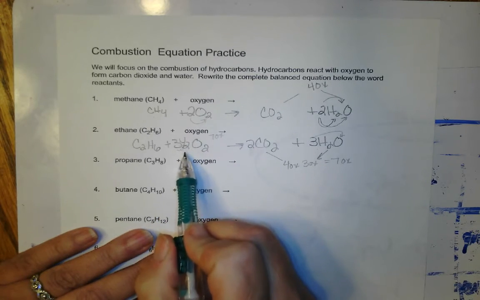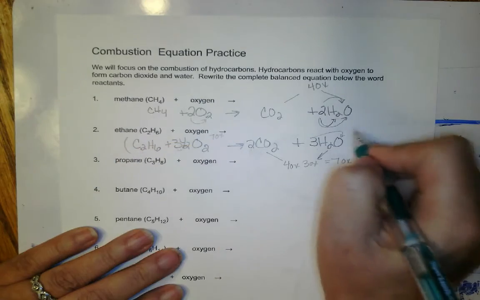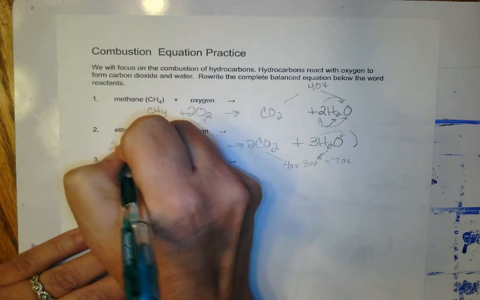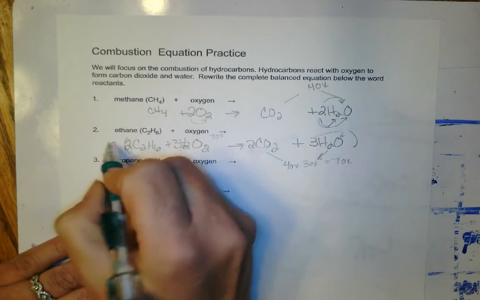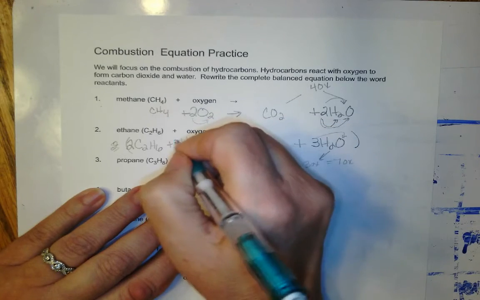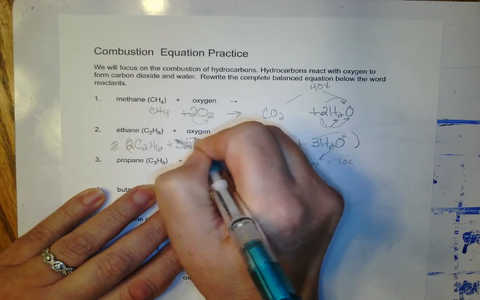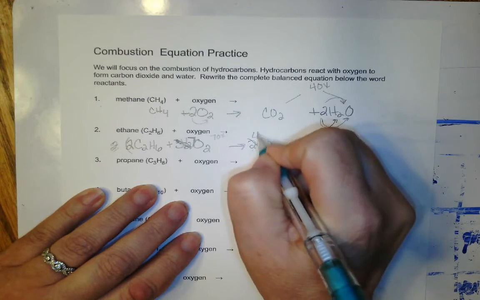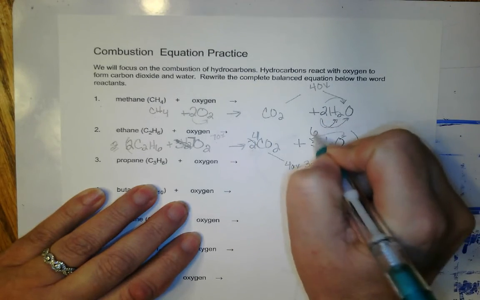But I can't have halvesies, so I'm going to multiply everything by 2, okay? And what's that going to do? That's going to make that 2. It's going to make this guy 7, okay? It's going to make this guy 4. It's going to make this guy 6.